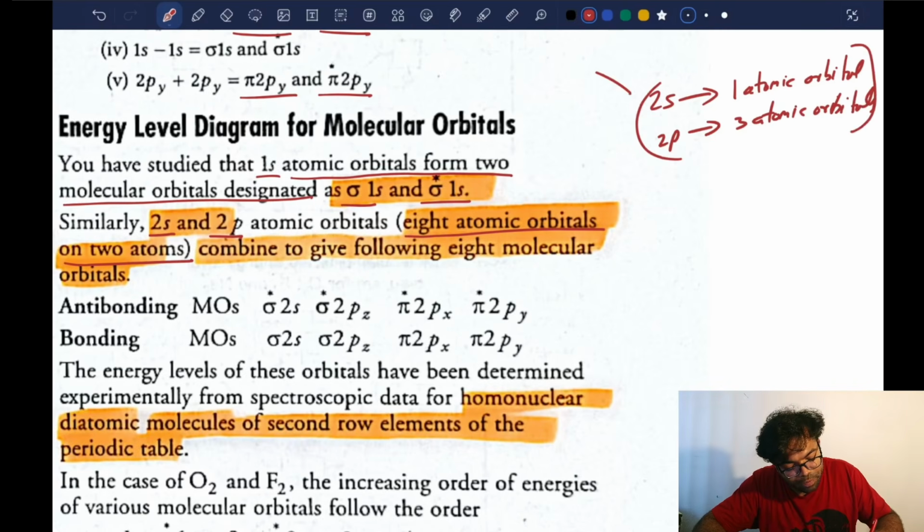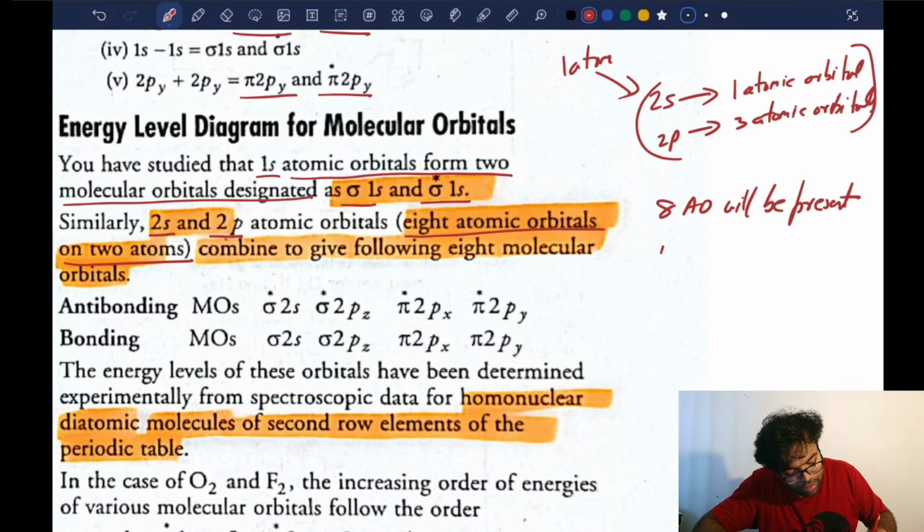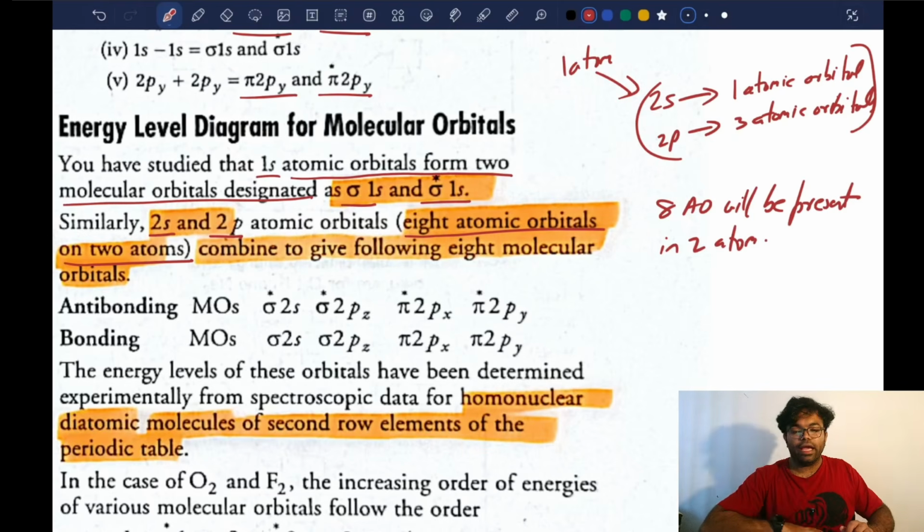If this is present in one atom, then 8 atomic orbitals will be present in two atoms. So 8 atomic orbitals are combining.